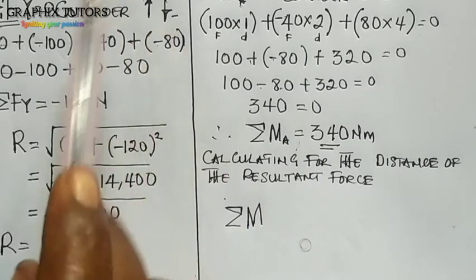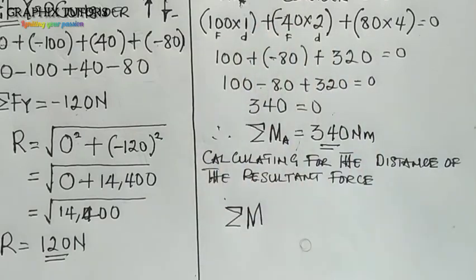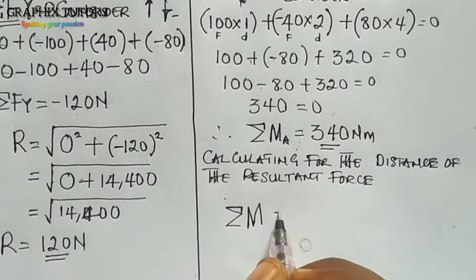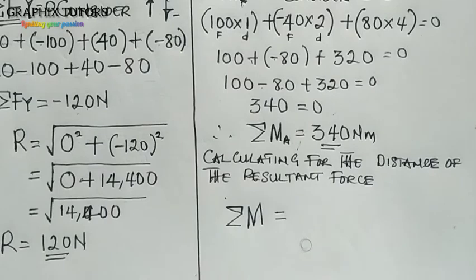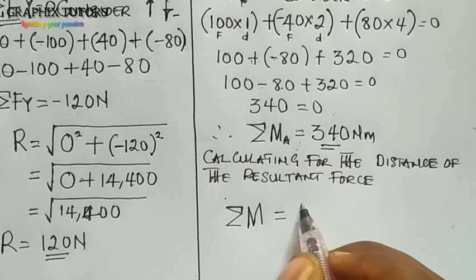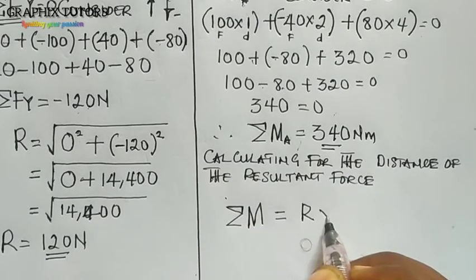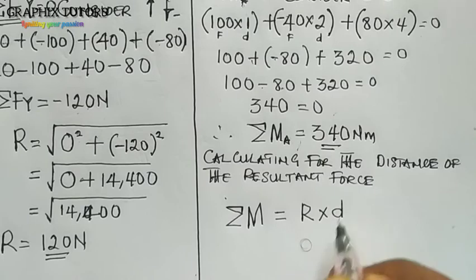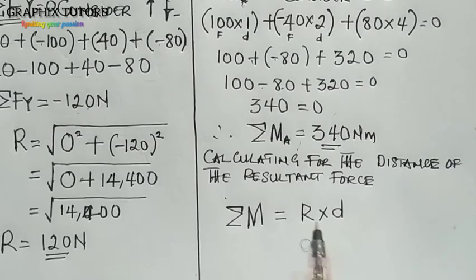That means the sum of moments of all the forces which we calculated here will be equal to the moment produced by the resultant force. So what is the moment produced by the resultant force? It means the resultant force times distance, d, or we can call it x. About which point? Point A. So this is the formula we are going to use.